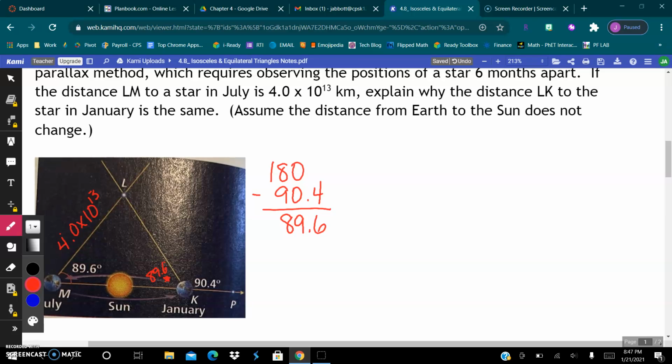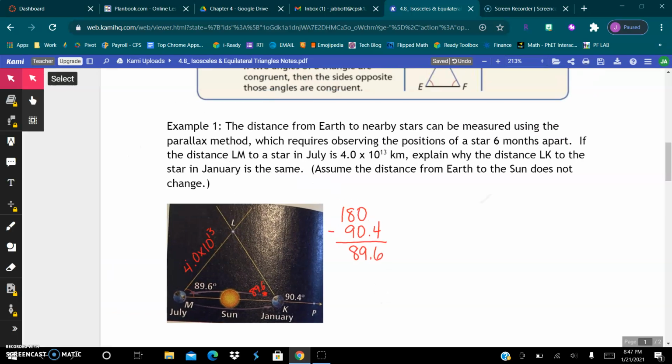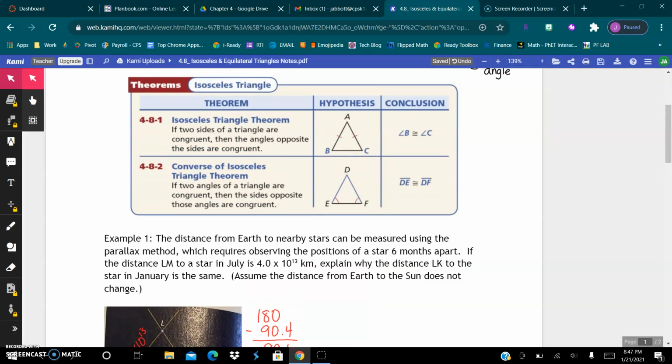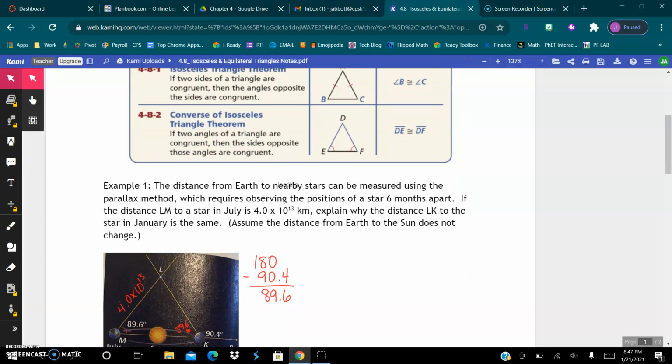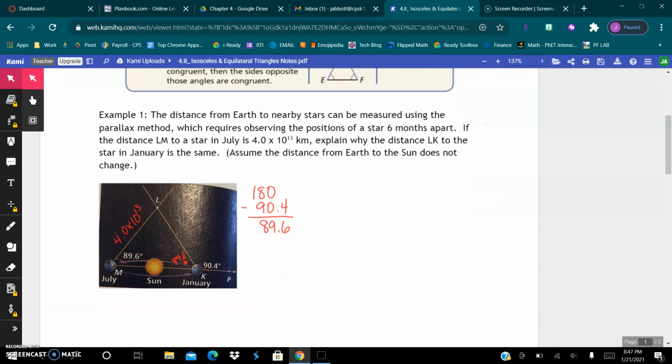So if the two base angles are congruent, then we can go back up here. We know the angles are congruent, so we can use the converse of isosceles triangle theorem to say that those legs are congruent.